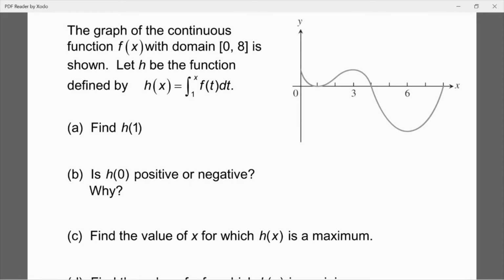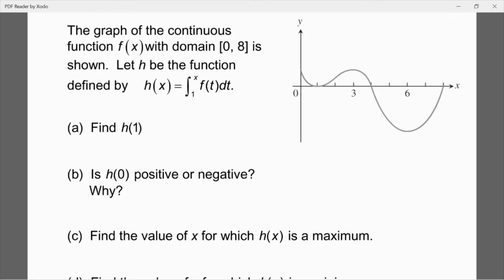So these questions tend to be kind of difficult for people because not only do you have to understand the fundamental theorem of calculus, but you also have to understand all of the derivative relationships and all the things about increasing, decreasing, and concave up and concave down, and understanding definite integrals and everything else. So these questions are kind of all-encompassing when it comes to basic understanding of derivatives and basic understanding of integrals.